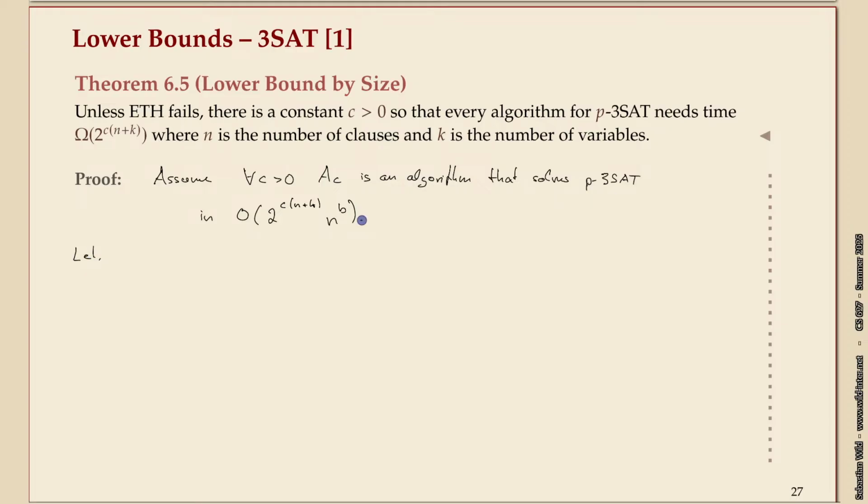So that's our assumption. Now suppose we're given some delta greater than 0. And we want to show that there's some algorithm that depends on this delta, B with delta, that now solves the 3-SAT problem in the time that would contradict the exponential time hypothesis.